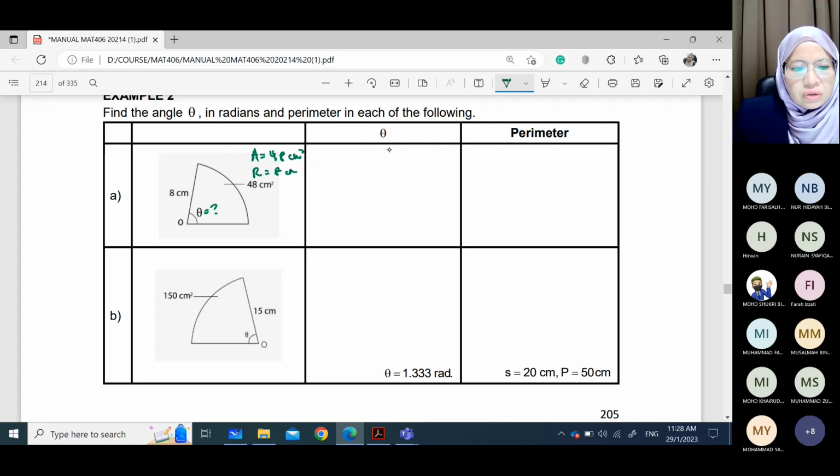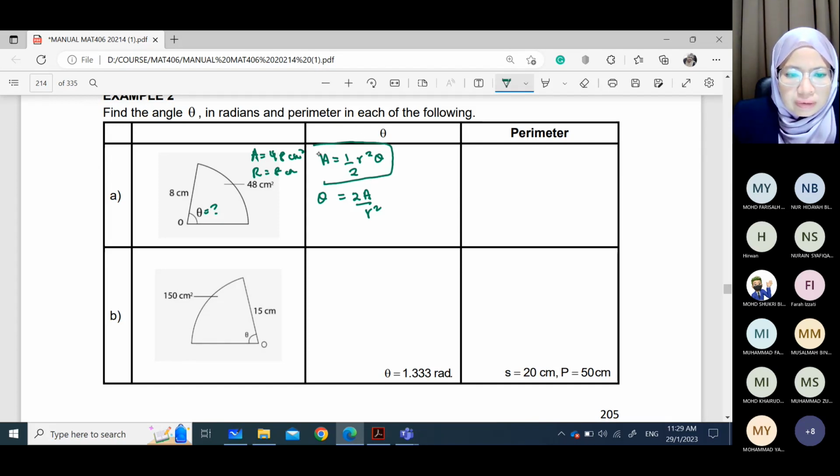Okay. Right, so how to find the angle? So it is based on the formula for area. So formula for area is 1 over 2 r squared theta. So theta sama juga dengan 2A over r squared. Yang ni. So apa-apa pun kena ingat formula dia.